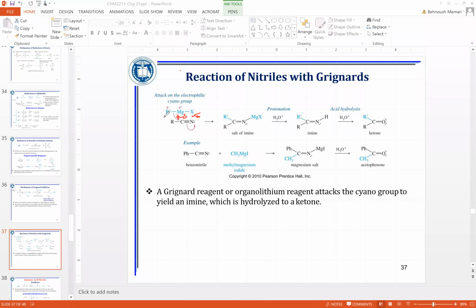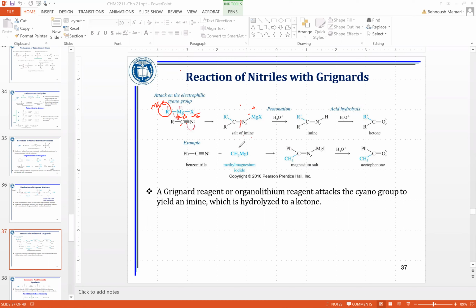So when the R group, which is the nucleophile from the Grignard, forms a bond with this carbon, the pi bond is going to break, and it gives a negative charge to the nitrogen, and you have this MgX with the plus charge close to the negative charge, which is going to be stabilized. So you are adding an R group on the first step. So you have the salt of the imine.